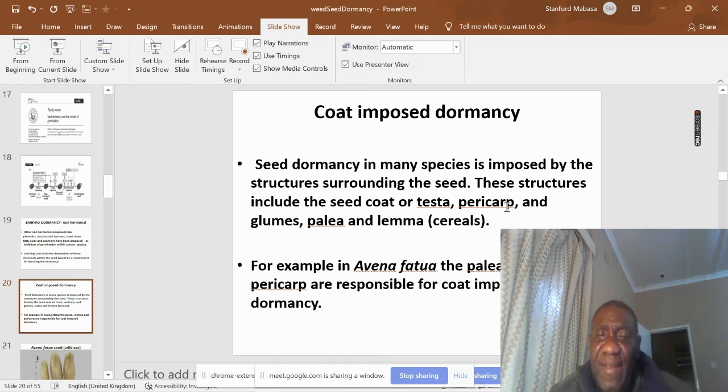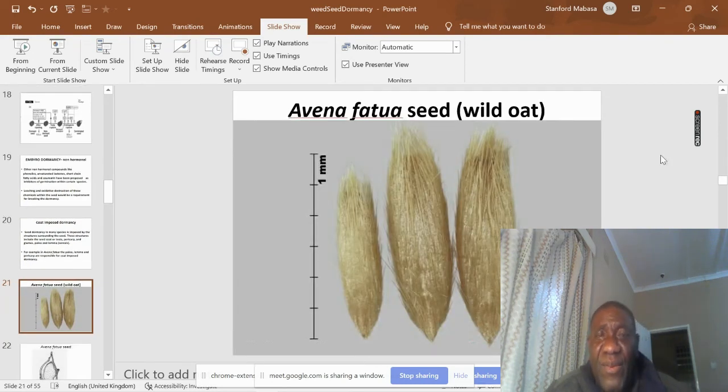For example, in Avena fatua, the palea, lemma, and pericarp are responsible for coat-imposed dormancy. But to simplify this issue, we can just say it's the outside coat which can restrict the germination process. And this brings about seed dormancy, or coat-imposed dormancy.